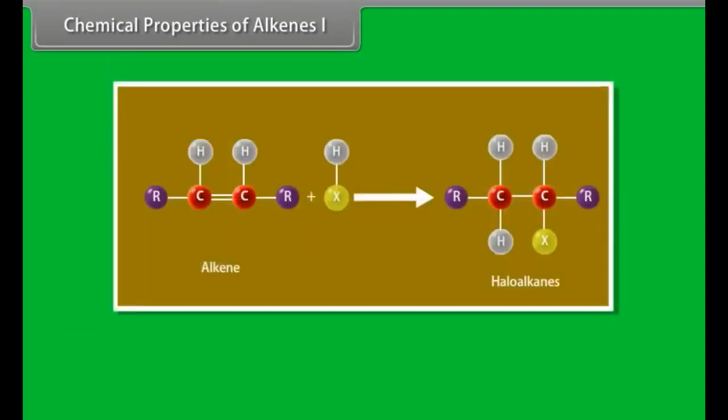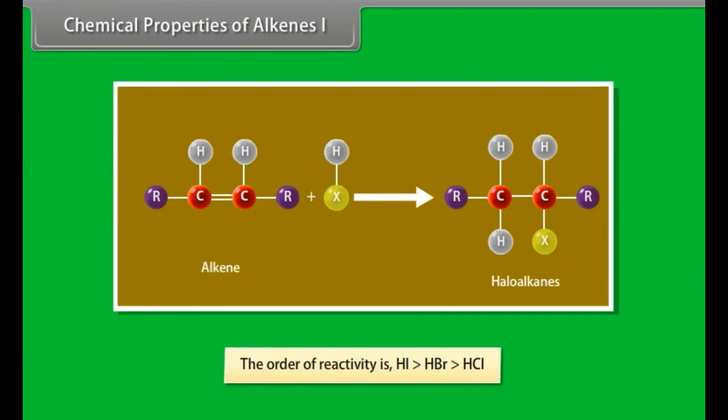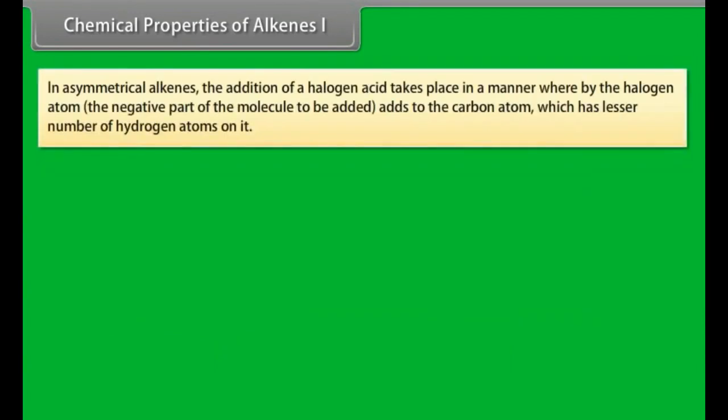Addition of halogen acids. Alkenes with concentrated aqueous solutions of halogen acids give haloalkanes. The order of reactivity is HI is greater than HBr is greater than HCl. In asymmetrical alkenes, the addition of a halogen acid takes place in a manner whereby the halogen atom, the negative part of the molecule to be added, adds to the carbon atom which has the lesser number of hydrogen atoms on it.